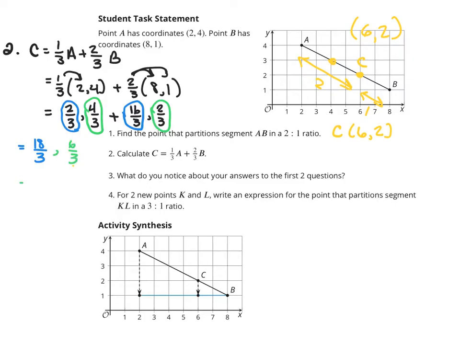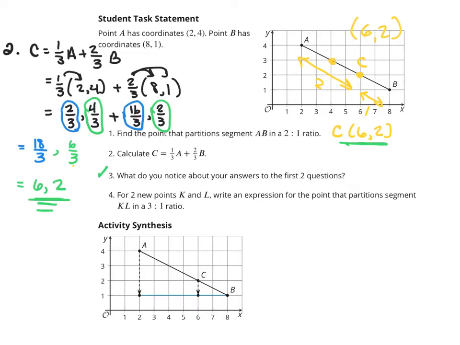And then I'm going to simplify. 18 divided by 3 is 6. 6 divided by 3 is 2. So mathematically, we can get the answer also, right? The answer to number 1 is (6, 2), and the answer to number 2 is (6, 2). If you can't see it graphically, you can find the answer algebraically also, okay?